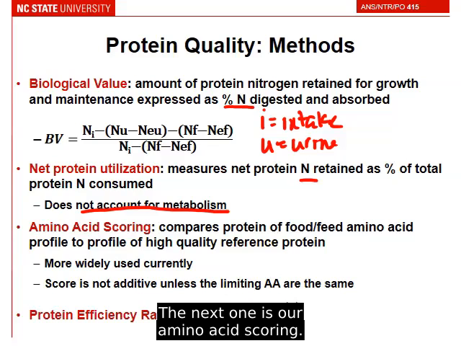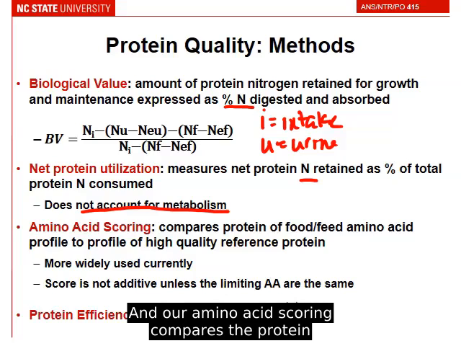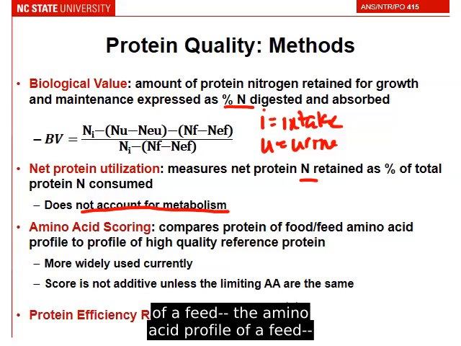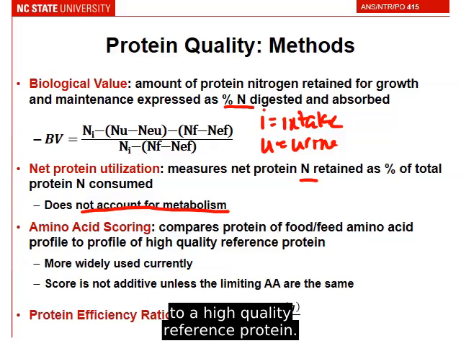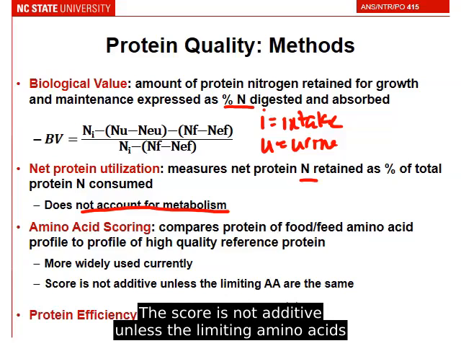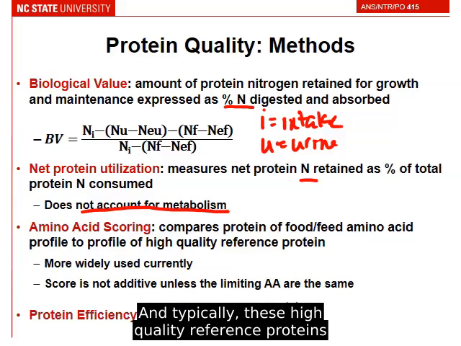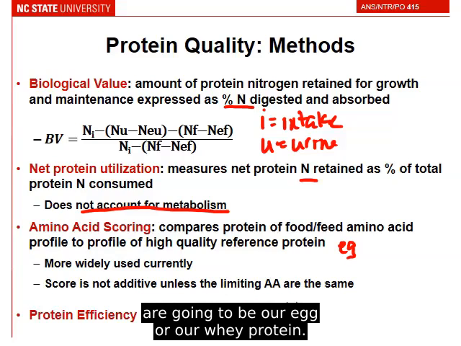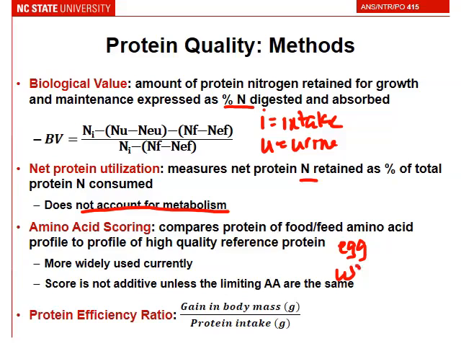The next one is our amino acid scoring. And our amino acid scoring compares the protein of a feed, the amino acid profile of a feed, to a high quality reference protein. So this is widely used currently. The score is not additive unless the limiting amino acids are the same. And typically these high quality reference proteins are going to be our egg or our whey protein.